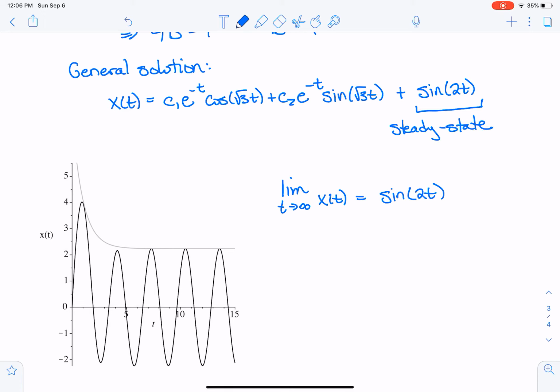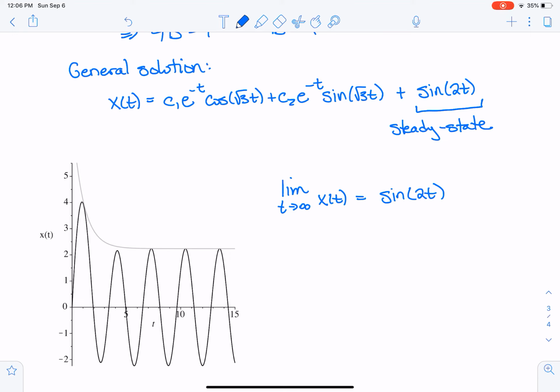Sometimes that limit as t goes to infinity we call the equilibrium solution. But this is not an equilibrium because our system is still oscillating, but it's oscillating at that steady state. So that means as t goes to infinity, the natural frequencies that are governing the system are damped. They're actually underdamped, and so eventually they die out, leaving us just with this steady state.